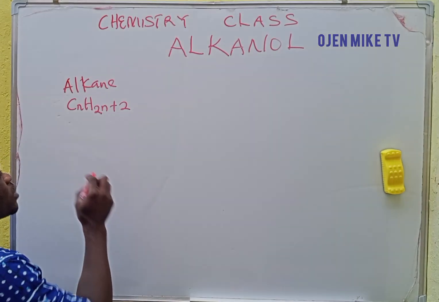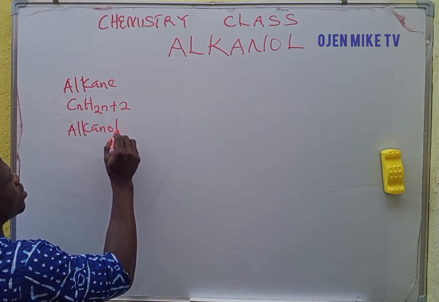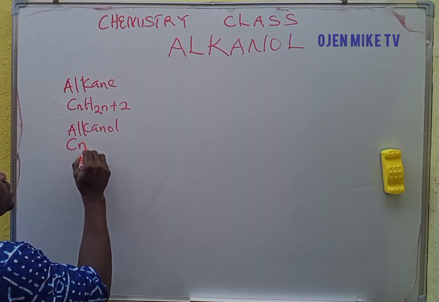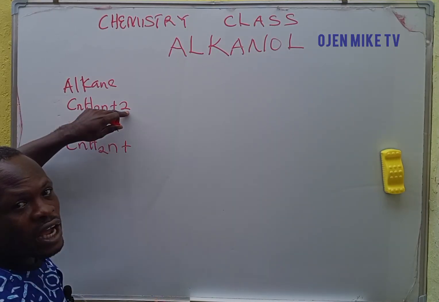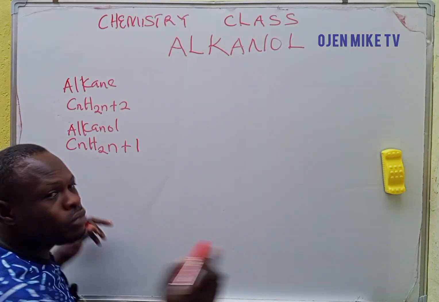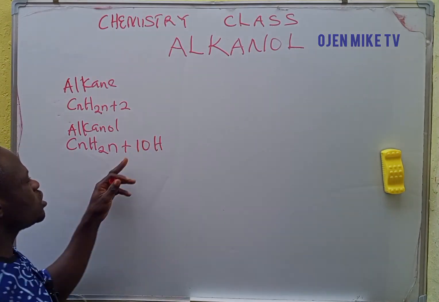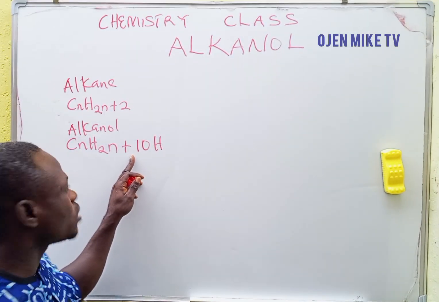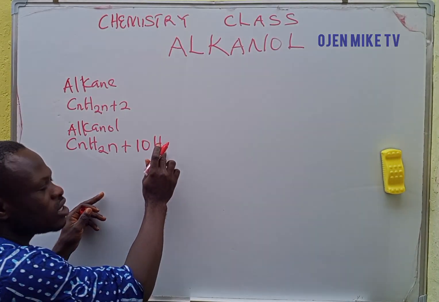So therefore this is alkanol, with a general formula CnH2n+1OH. You remove one hydrogen atom here, and replace it with OH, that is the hydroxy group. This is the general formula of alkanol. This is not 10, this is 1 OH.